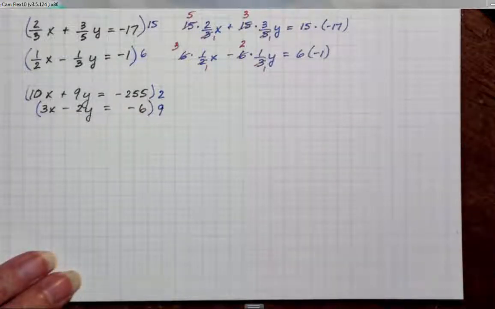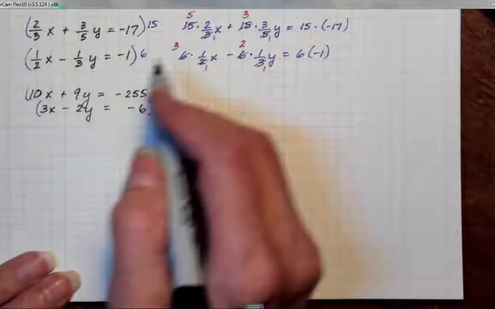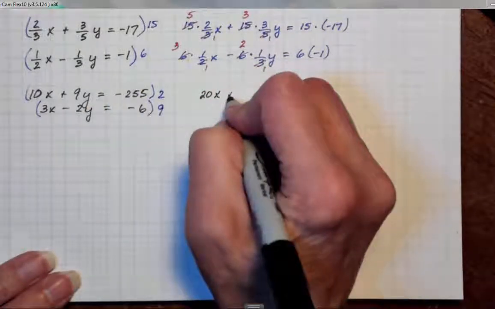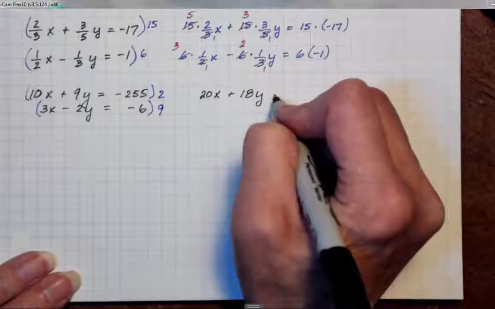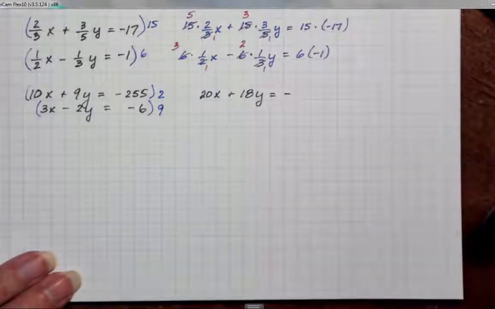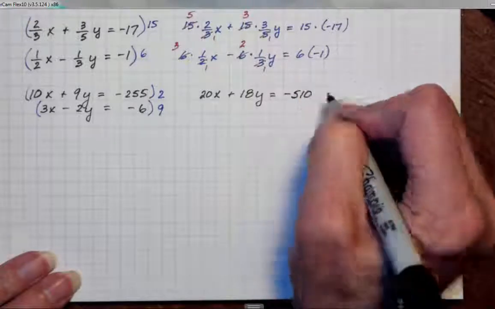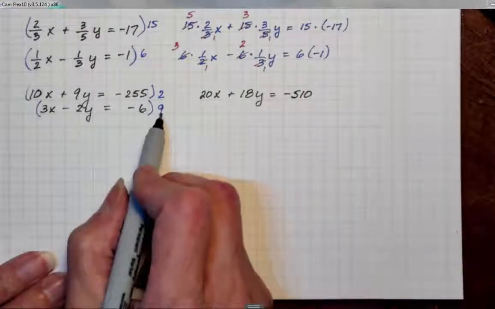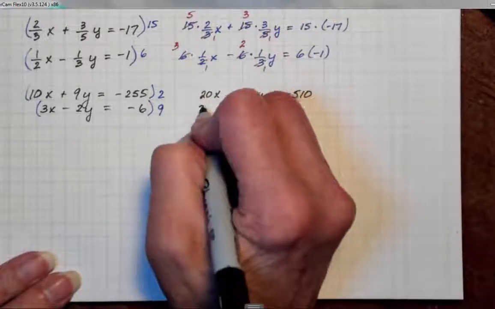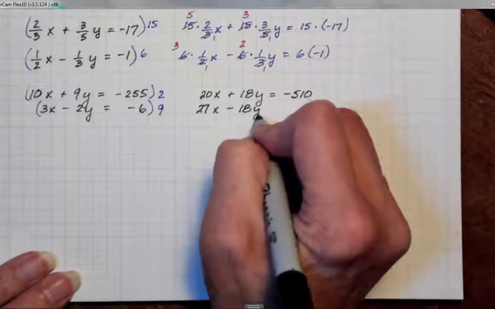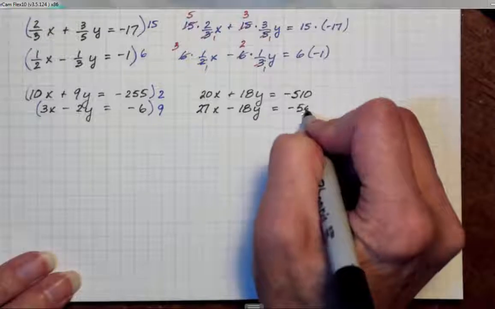So when I do that with every term, 2 times 10 is 20x, 2 times 9 is 18y, and that's going to be equal to -510. Multiplying 9 times each term, 27x minus 18y equals -54.